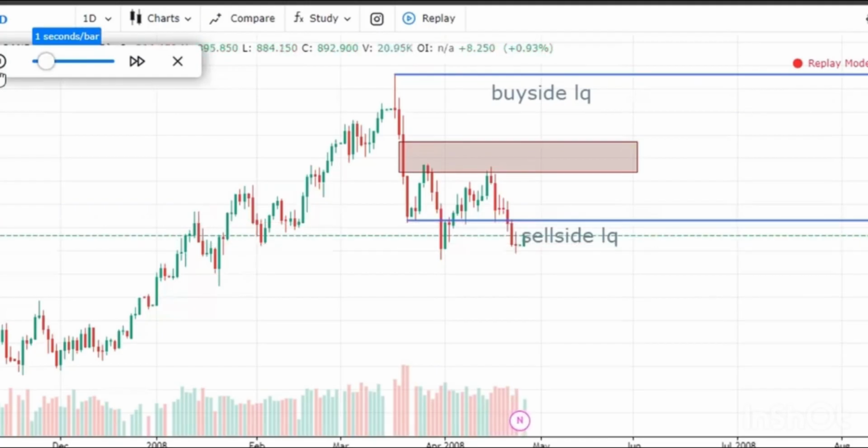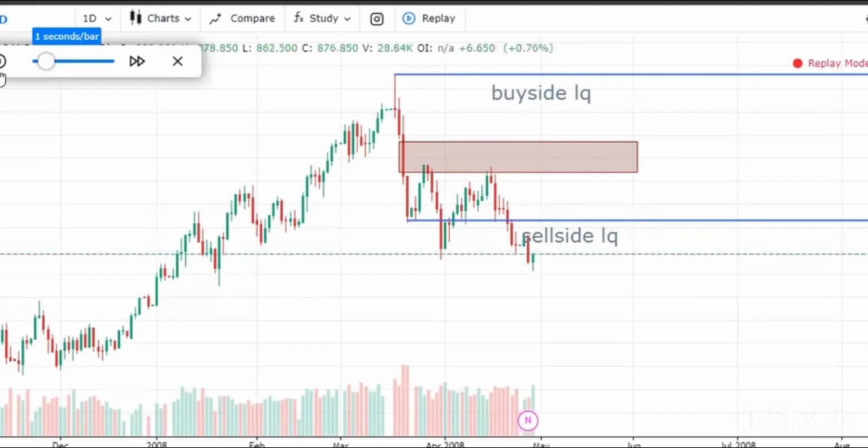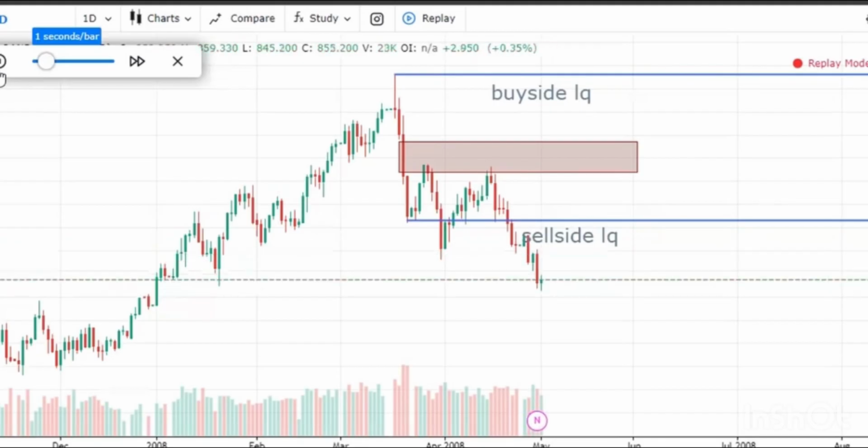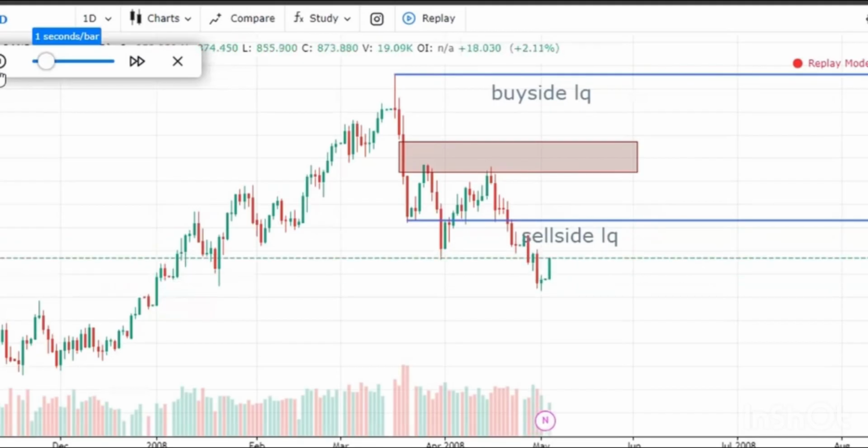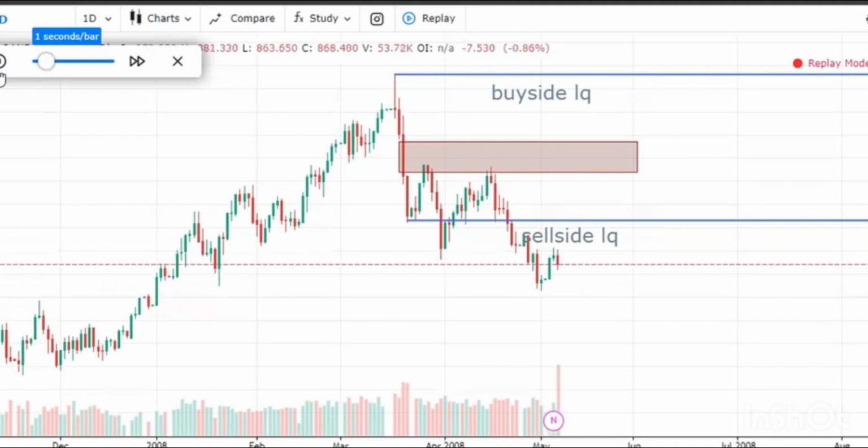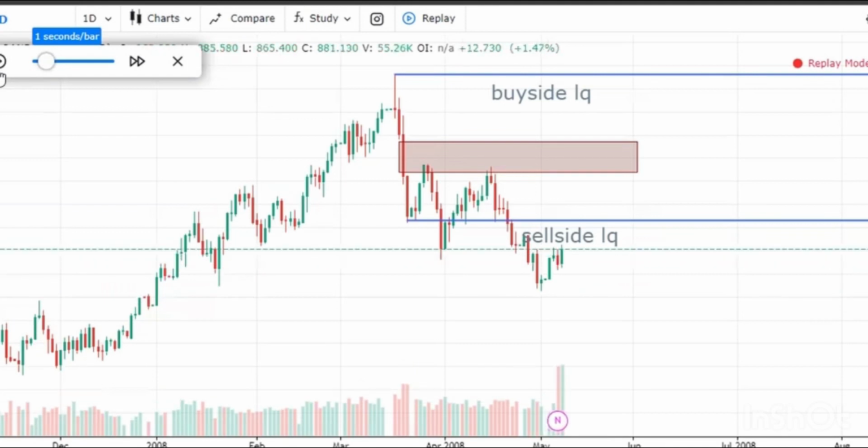And that's how you normally take your trade as you go along, watch it play out, and it tends to dip and go down even further. So basically, that's the whole buy side, sell side liquidity, how to spot the liquidity. The summary is: mark out the highs, mark out the lows.